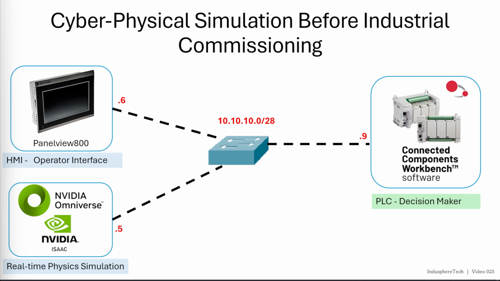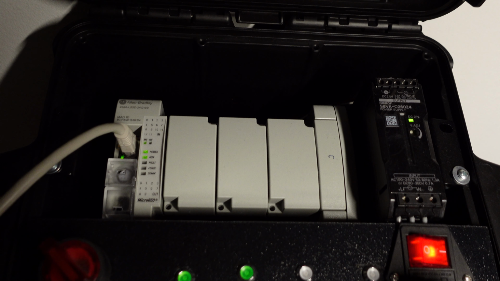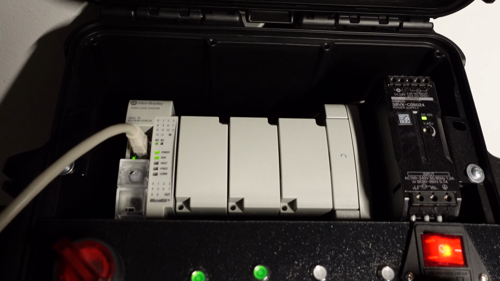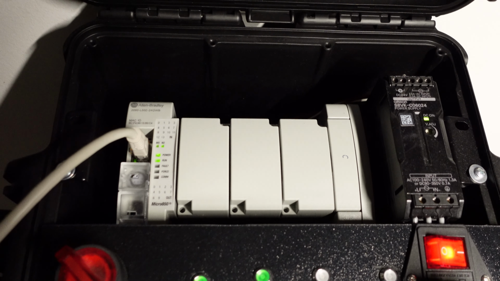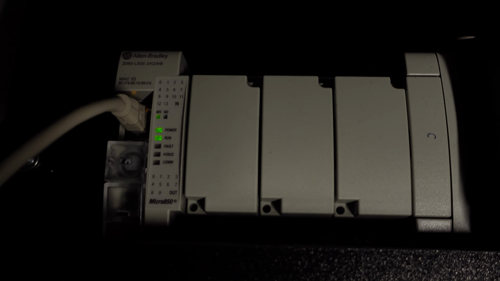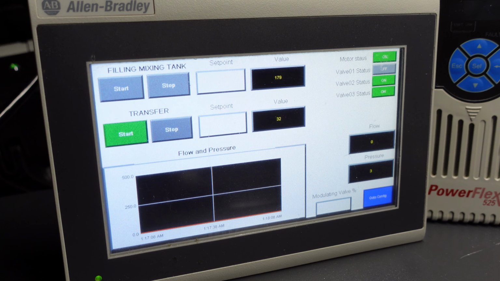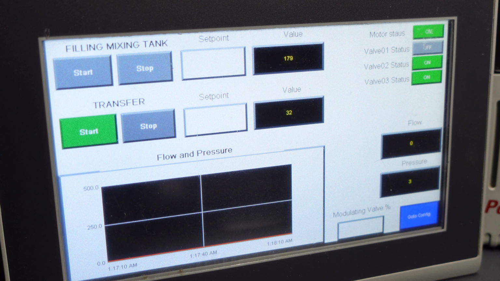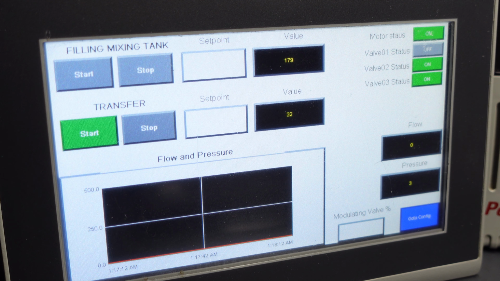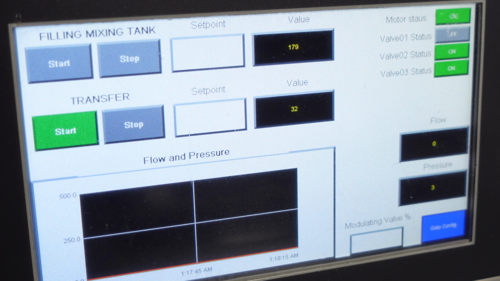At the center of the system, we have a PLC. The PLC communicates with a PanelView operator interface and a physics simulation running in NVIDIA Isaac Sim. All devices are connected through Ethernet.